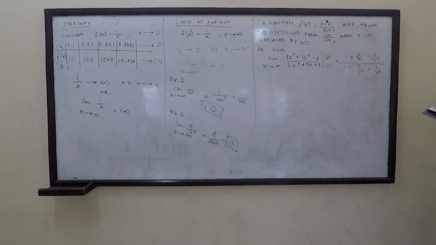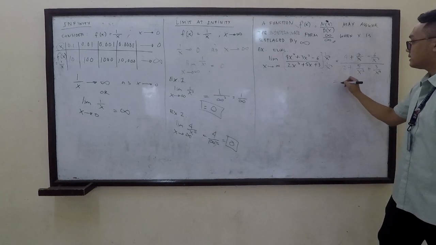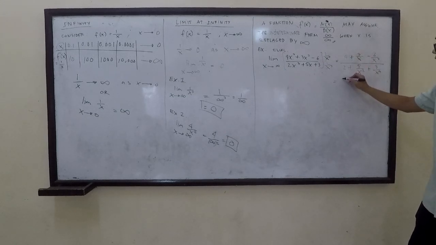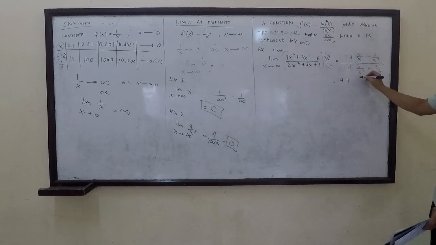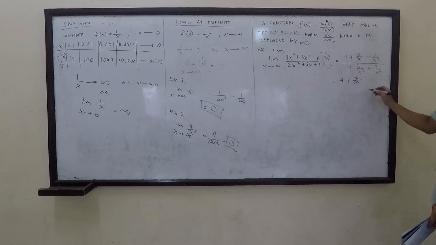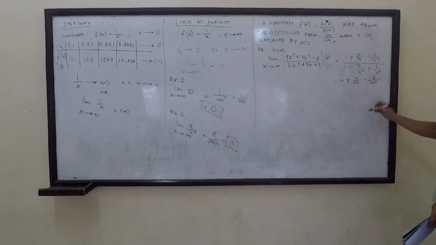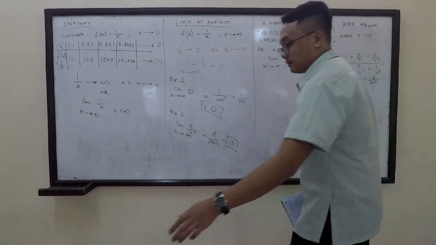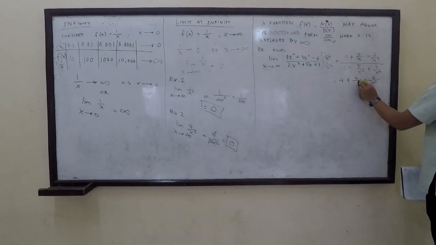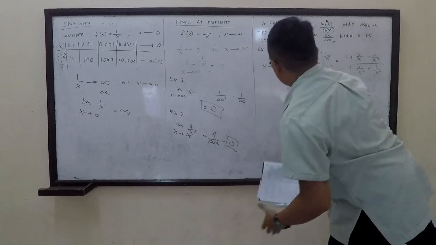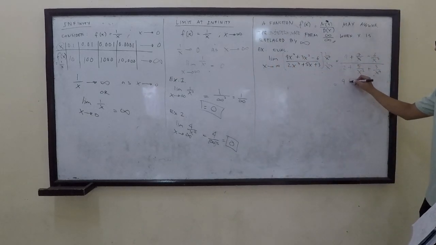Now we can apply the limit to each term. So this is 4 plus 3 over infinity minus 6 over infinity.